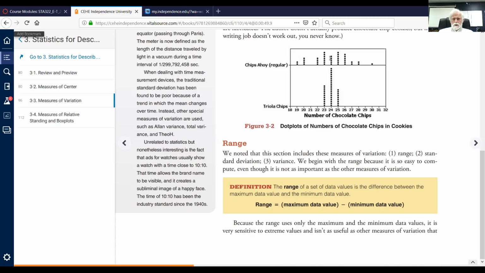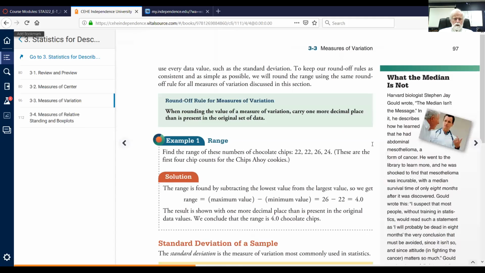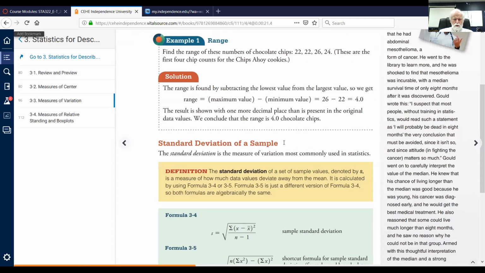The midpoint with the Chips Ahoy is 19 plus 30, which is 49, divided by 2, is 24 and a half. So the mid-range is halfway between these two. It too is not terribly useful, but nonetheless we do have those.